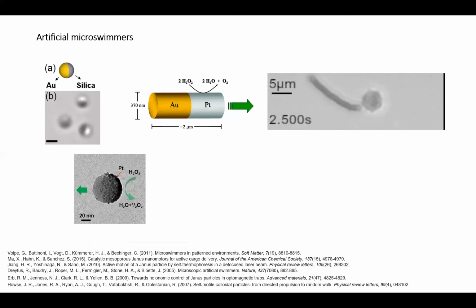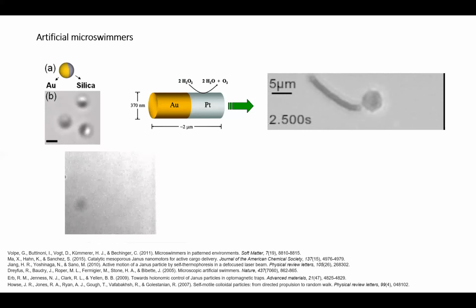Here is another way of this kind of model, but working with a spherical particle instead of a cylinder. You see this very small particle. If you can't see it from the slide, maybe the resolution is not good enough. You can actually look later on YouTube. There is a tiny particle here that is propelling itself here and there.